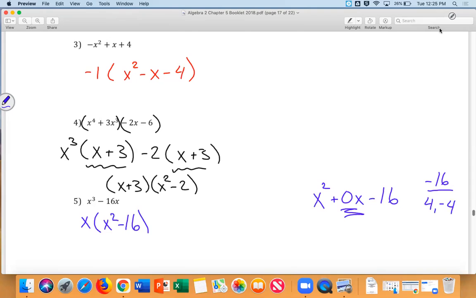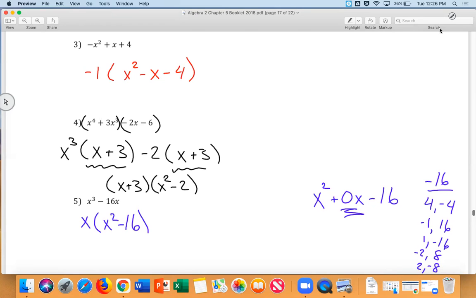They're not the only ones, so I'm going to write up the other ones. Let's think about it. What does 4 plus negative 4 add up to? 0. And look what that middle term is.